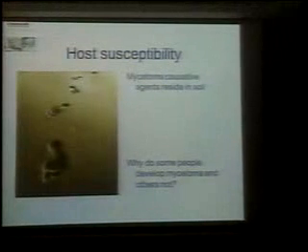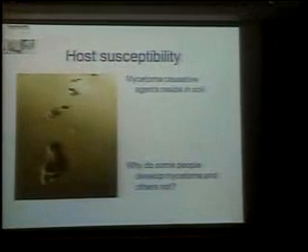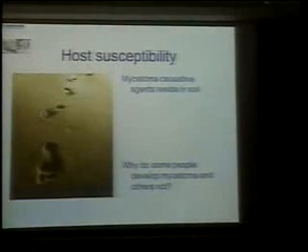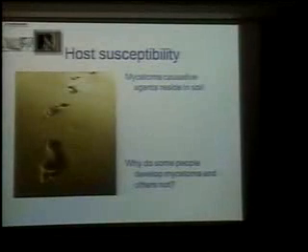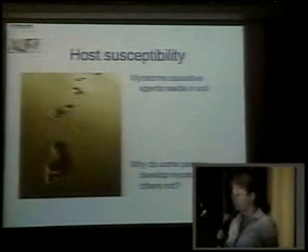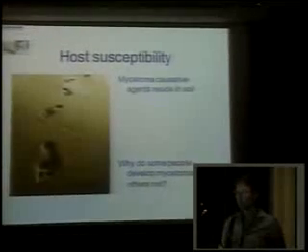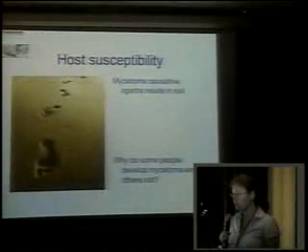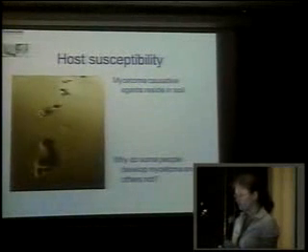We showed this earlier as well when we found some antigens of Mycetomatis in our lab. We screened sera from both patients and healthy controls. We actually found that both patient and healthy controls had antibody responses against Mycetomatis. So the question arose, why do some people develop mycetoma and others not?